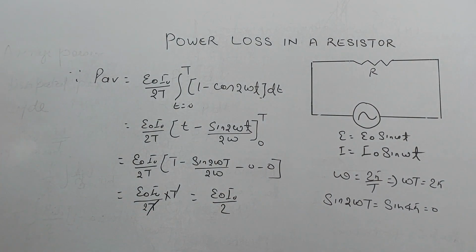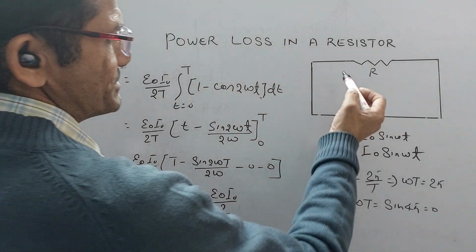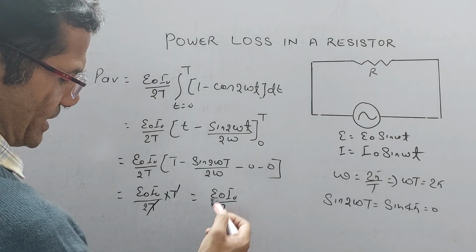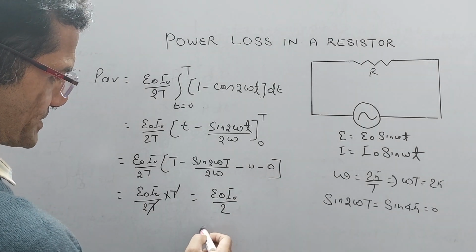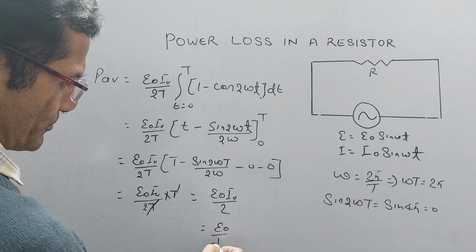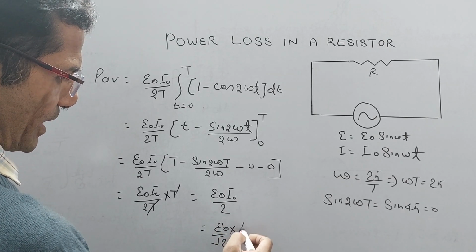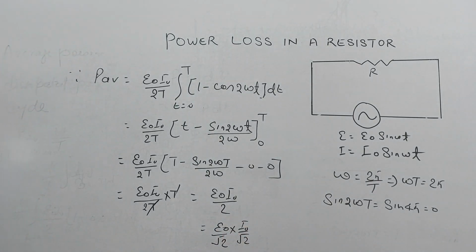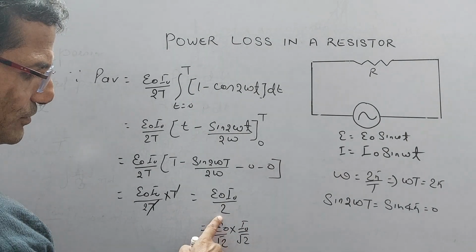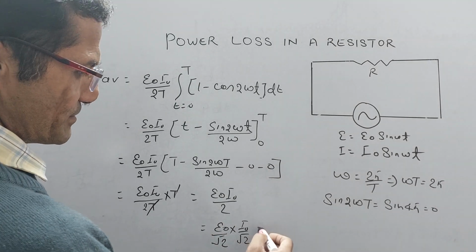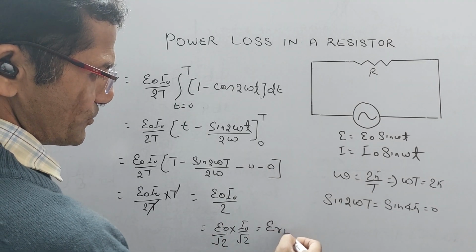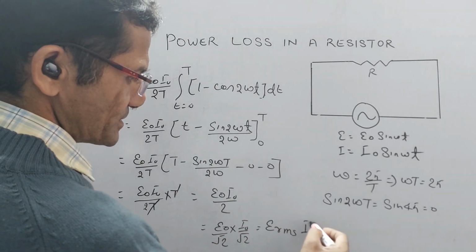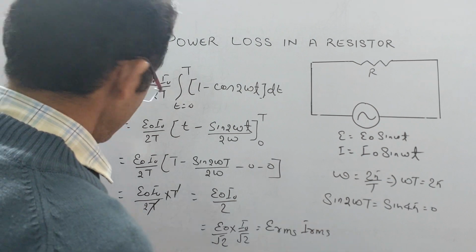This is our average power dissipated in a purely resistive circuit. We can also write this as E naught upon root 2 into I naught upon root 2, where I have replaced 2 by root 2 into root 2. E naught upon root 2 is E RMS, the root mean square voltage, and I naught upon root 2 is I RMS, the root mean square current.